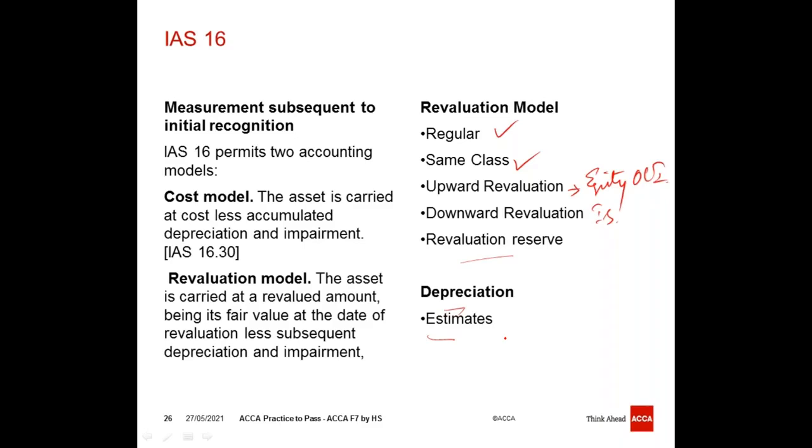Okay, estimates related to the depreciation are the useful life or revaluation amount. These are the estimates relating to the depreciation. They must be reviewed, and it should be reviewed annually.